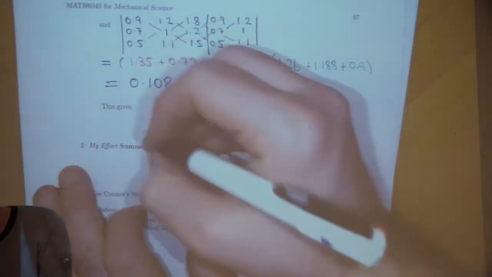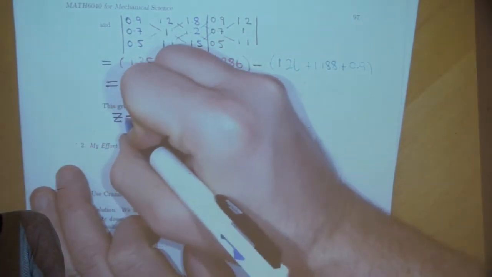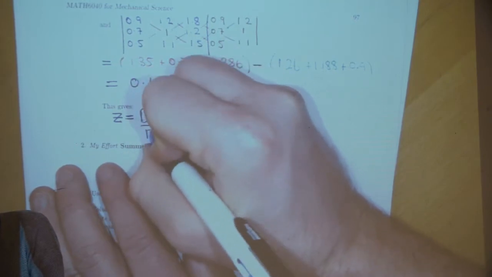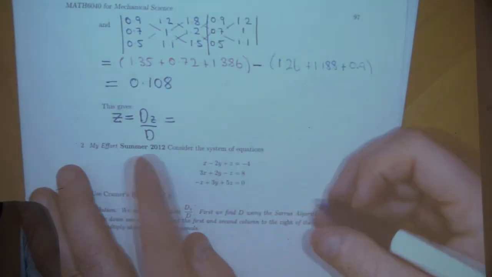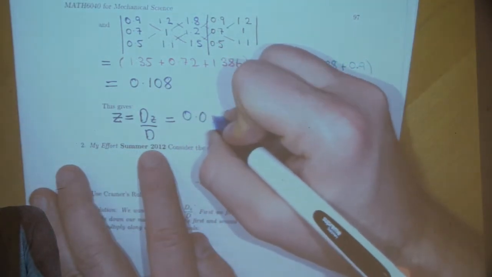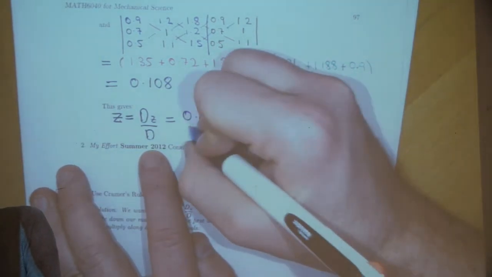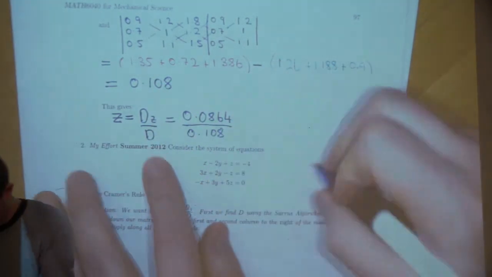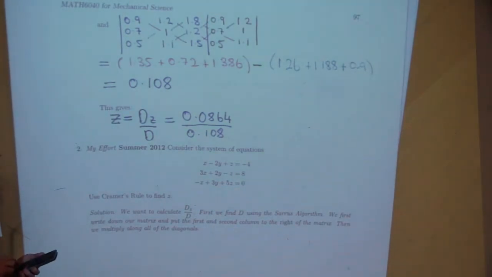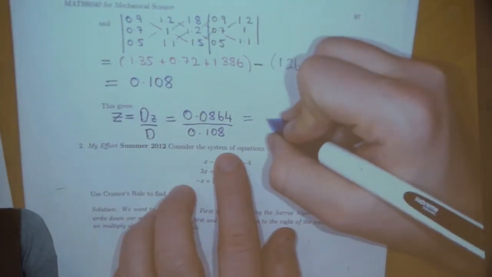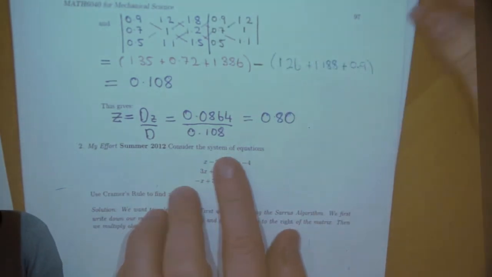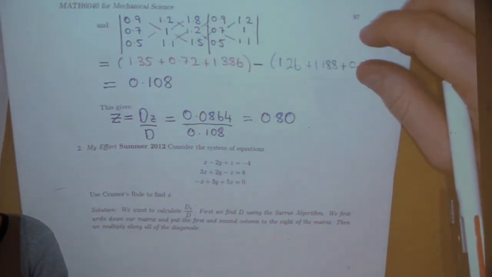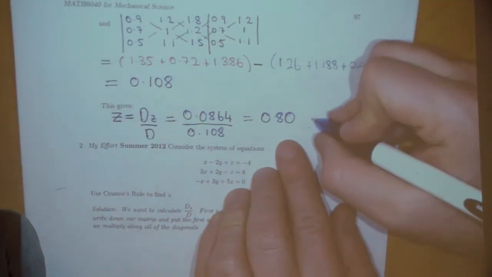So we end up with, hopefully this looks good, z is dz divided by d. dz is what we calculated on the previous page, 0.0864, divided by d, which we just calculated there, is 0.108. I hope this comes out somehow nice: 0.0864 divided by 0.108. 4/5, which is 0.80. I suppose we can go over any units knocking around. You could say euros per minute if you wanted.